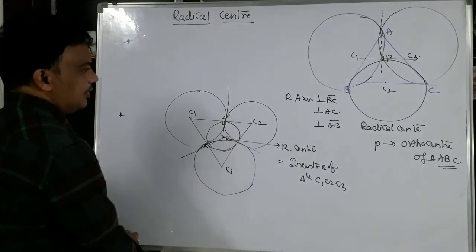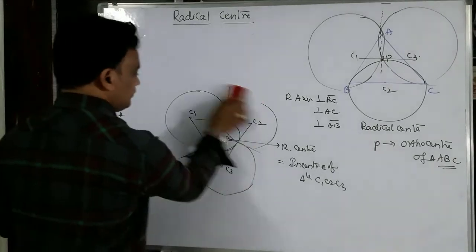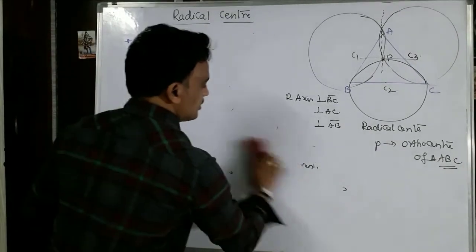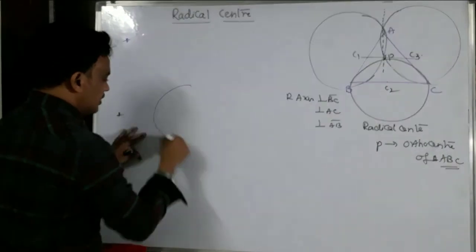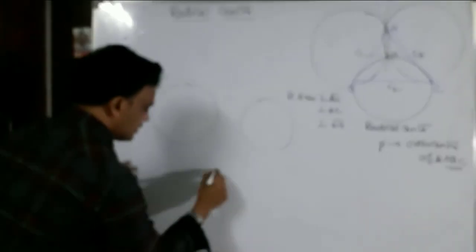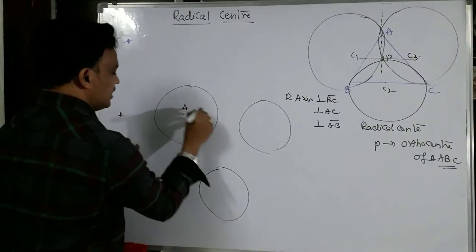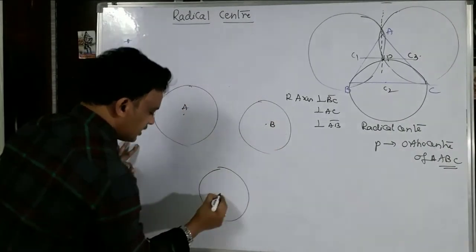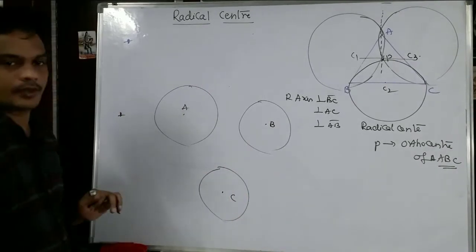And one more condition: suppose the three circles are exterior to each other, like this. A is the center of the first circle, B is the center of the second circle, and C the third.